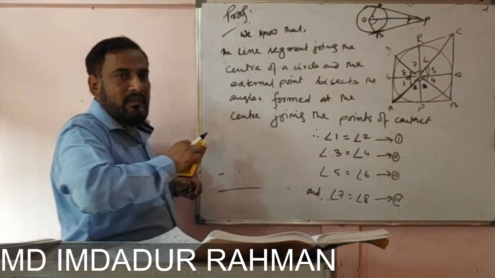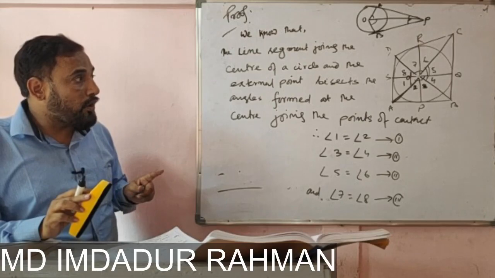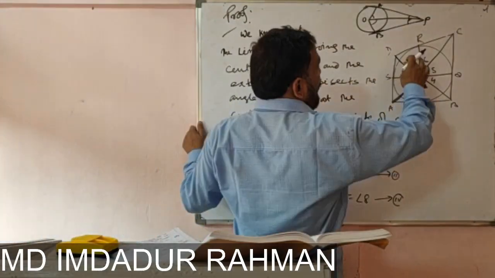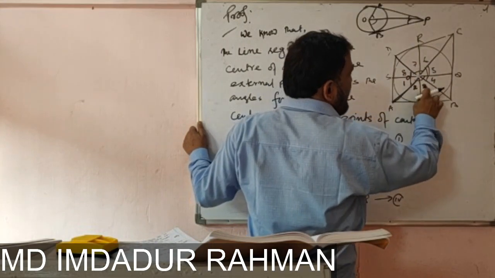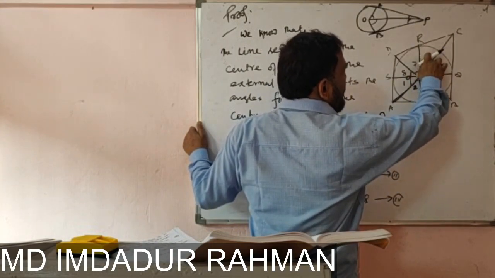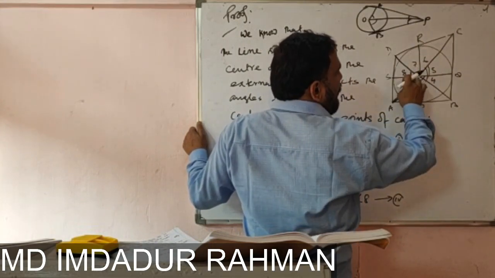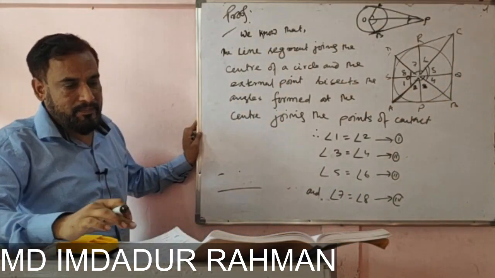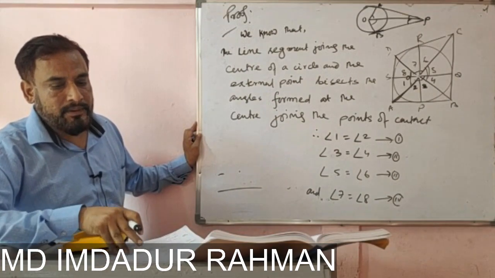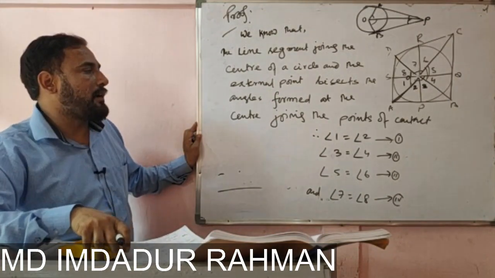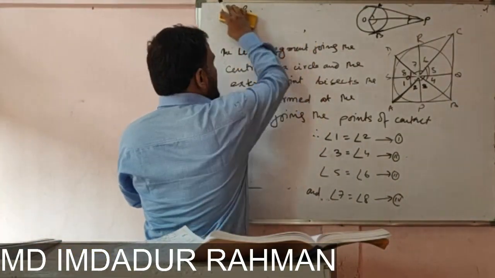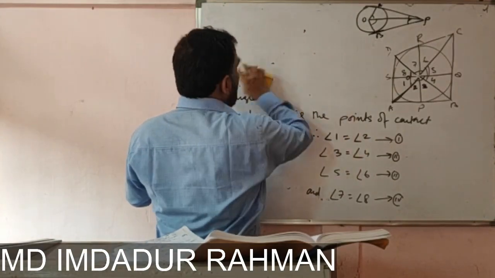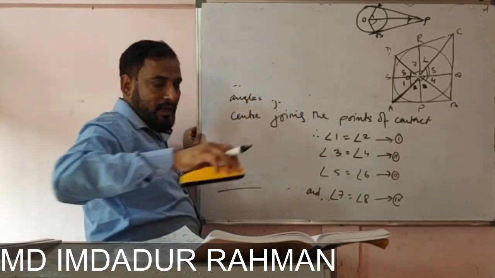Okay. Now we have to show that what? Opposite angles formed at the center, that is 2 plus 3 is equal to 6 plus 7, or 1 plus 8 is equal to 4 plus 5. So if we add all these equations, adding 1, 2, 3 and 4, then you will see what it becomes.